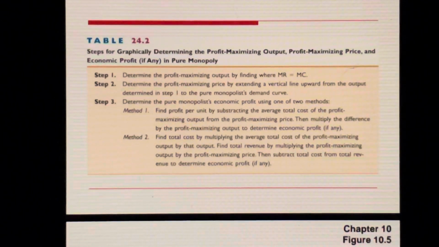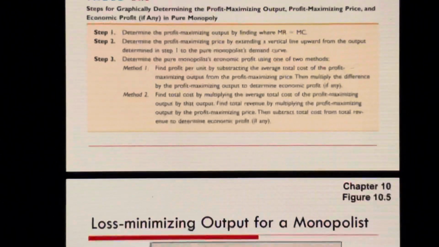Find total revenue by multiplying the profit-maximizing output by the profit-maximizing price, then subtract total cost from total revenue to determine economic profit, if any.